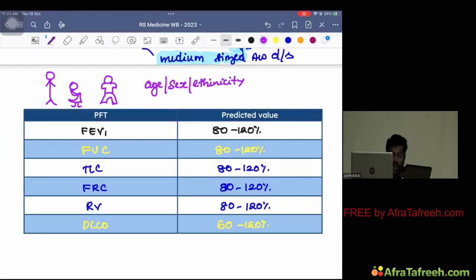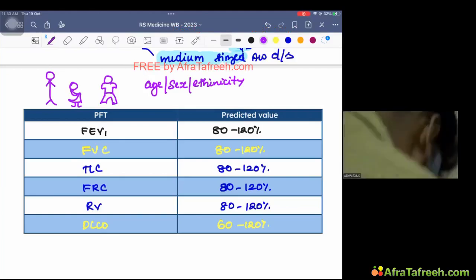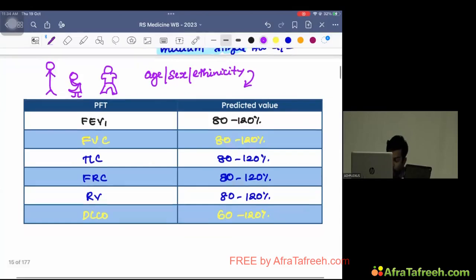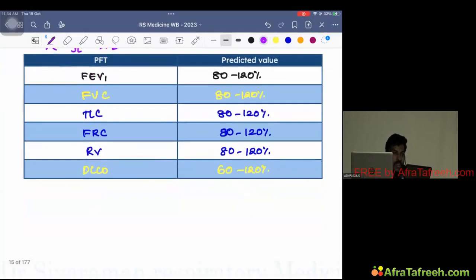So the measured values in PFT are percentages and not definitive numbers. You cannot compare the lung of an Indian with that of a Japanese or a Russian. This is very important because it is based on percentage.